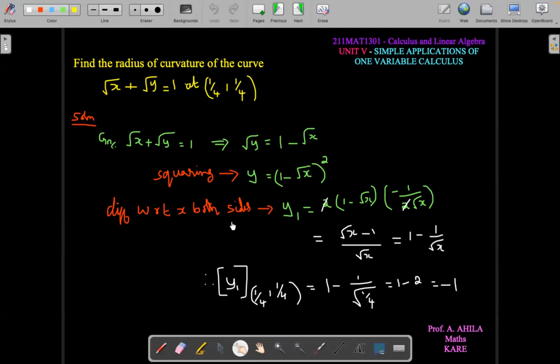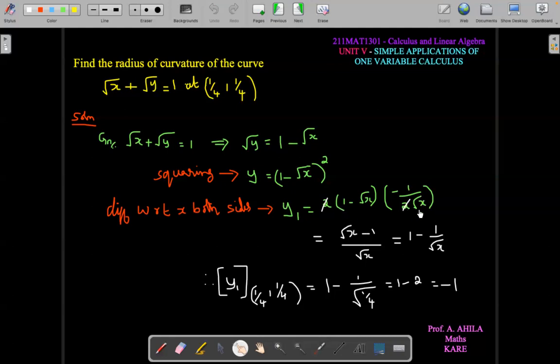Now differentiating both sides with respect to x. Y, when we differentiate, we get dy by dx, which is y1. And here we apply the chain rule. First consider the x square form. So 2 into (1 minus root x). Then multiply by the inside differentiation. So 1 is 0. Minus root x differentiation is 1 by 2 root x.